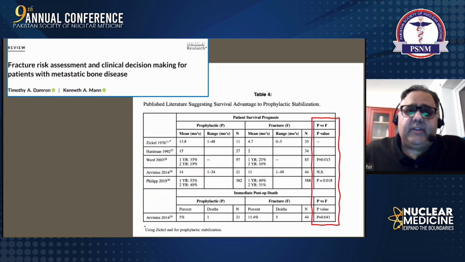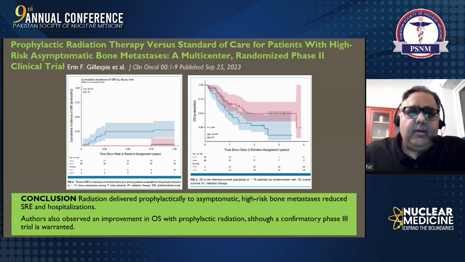On fracture assessment and clinical decision making for patients with metastatic disease, multiple papers established that there's a survival advantage to prophylactic stabilization as compared to when pathological fractures actually happen and then are taken care of by the orthopods. Radiotherapy is used for metastatic bone disease.